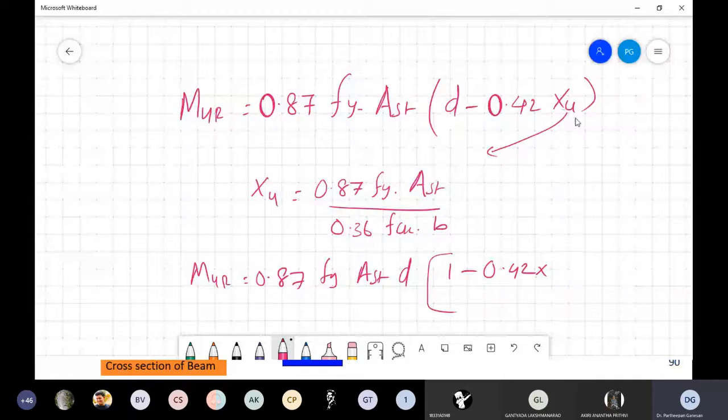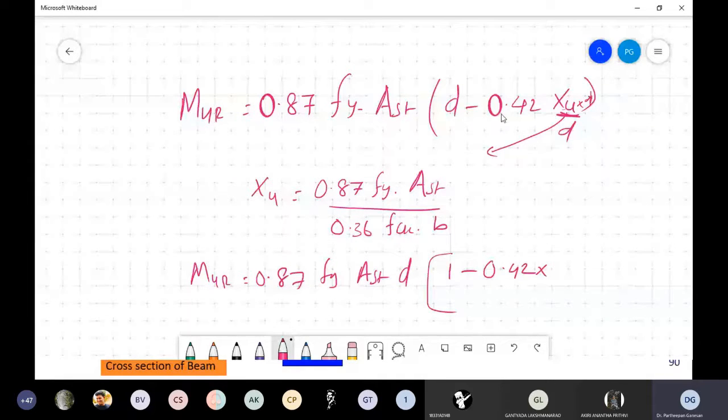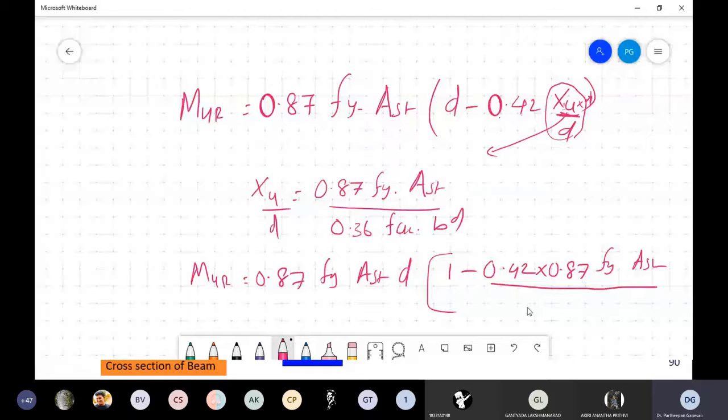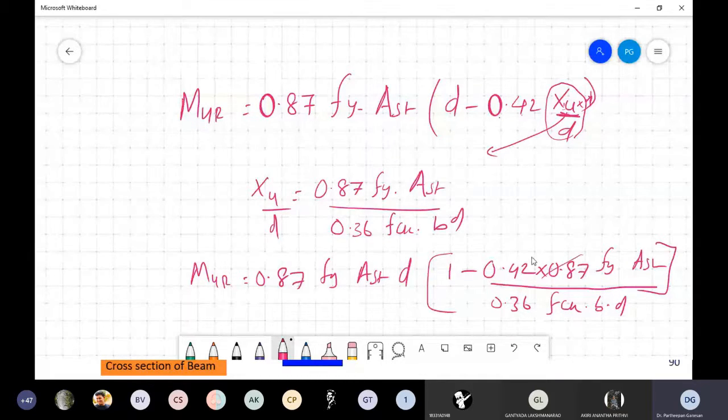And because here there is no D, I am putting D here. You can multiply and divide by D, and this D has gone out. So 0.42 XU by D. Okay. For this XU by D, you substitute 0.87 Fy AST divided by 0.36 FCK B into D. Now, if you multiply, this will be almost 1.